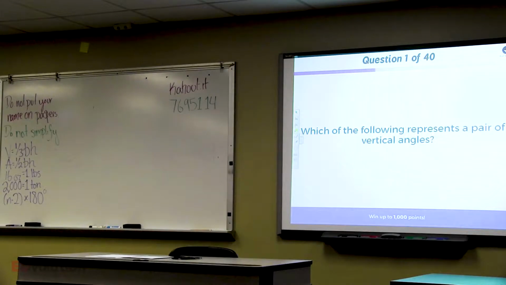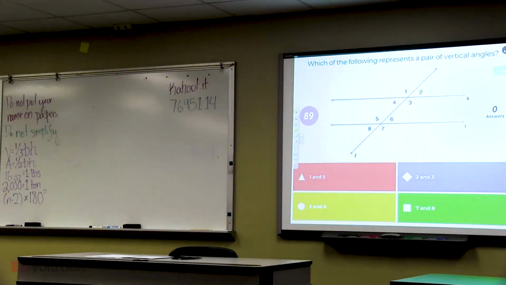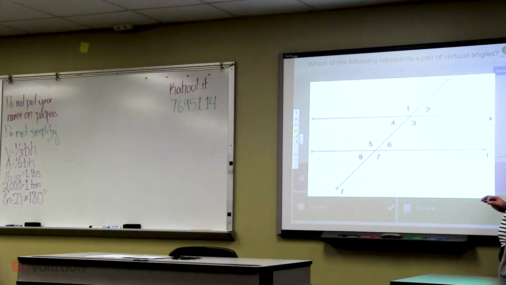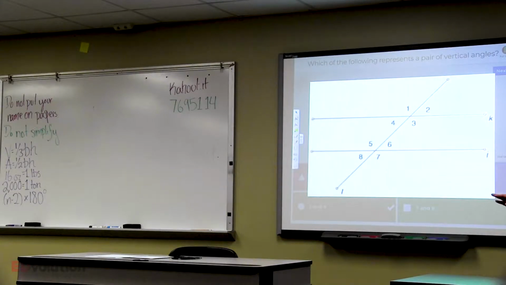Which of the following represents a pair of vertical angles? So vertical angles are angles that are kind of catty corner from each other, and they have the same angle measurement.